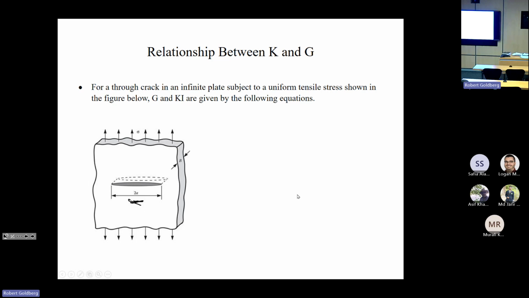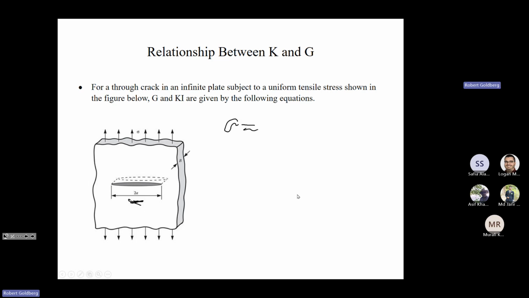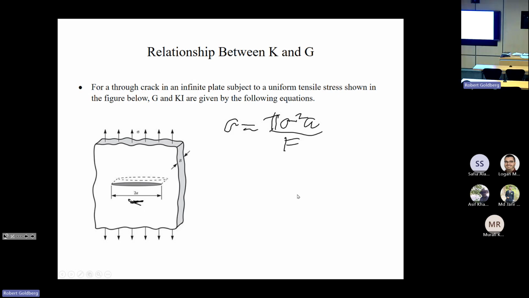We define the strain energy release rate as being pi times sigma squared times a, one half the crack length, divided by the modulus. And we define the stress intensity factor as equal to the stress times the square root of pi times a.